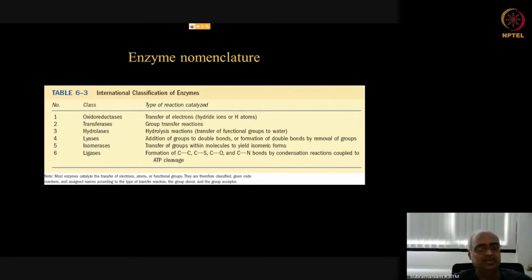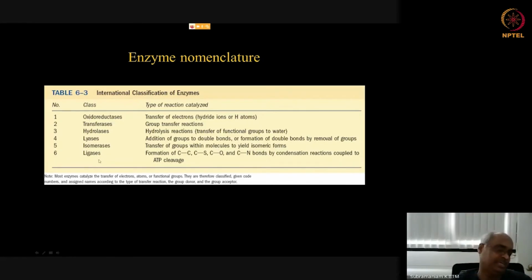We learned this under stereochemistry. Enzymes that do this, like converting glucose 6-phosphate to fructose 6-phosphate, are called isomerases. They transfer groups within the molecule to yield other isomeric forms.